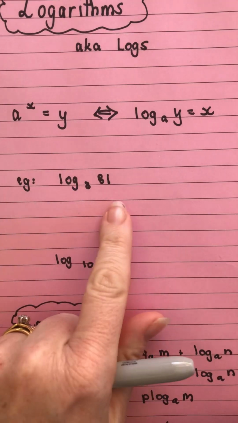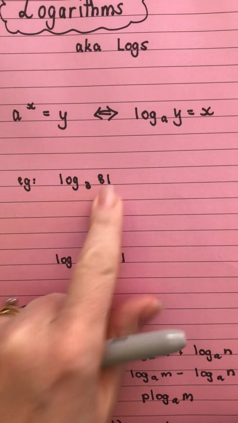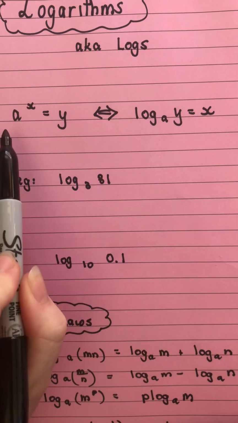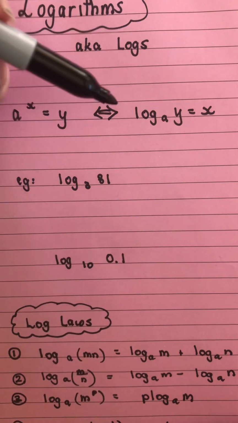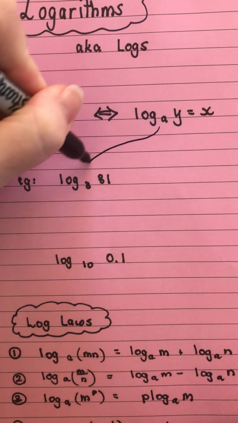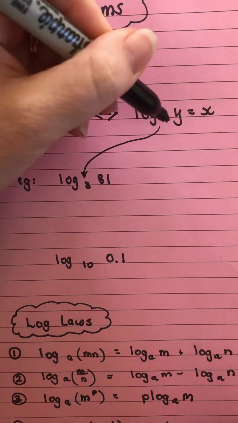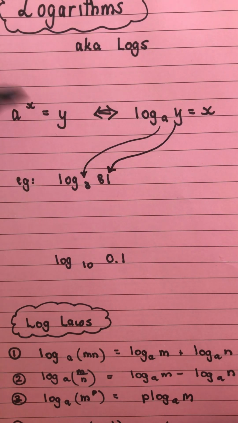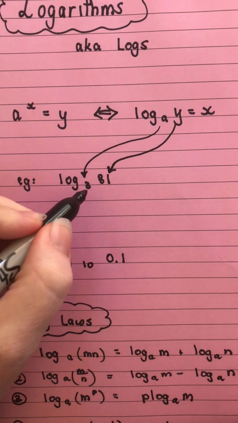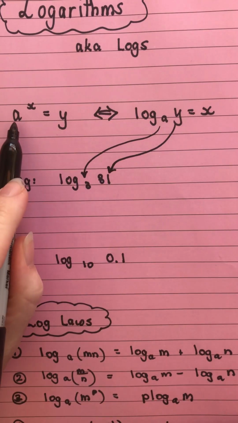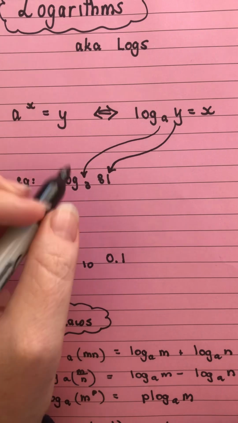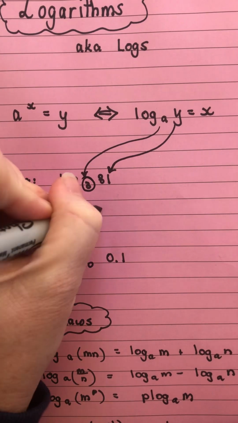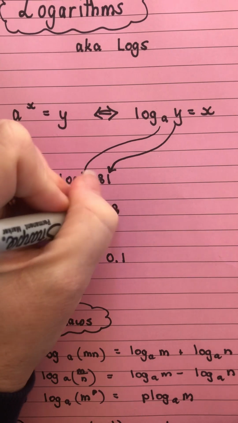Now, first one we've got here is log base 3 of 81. We're going to do a rearranging to get it from our log form into our other form. So here I like to have this one so I can see that my a corresponds there, my y corresponds there. I don't know what the x is, so I'm going to write a to the power of x equals y, but my a is 3, so I can write 3 to the power of x is equal to 81.